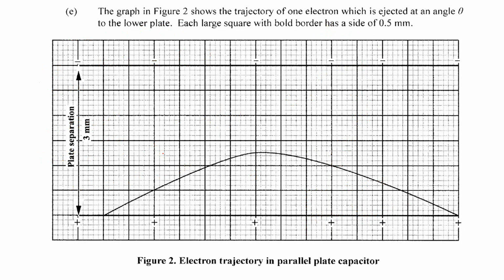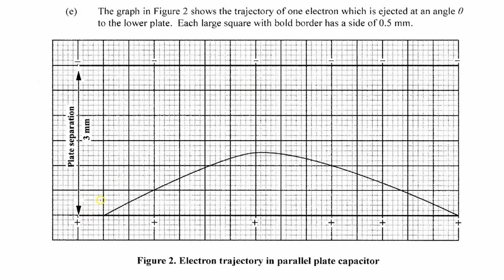Now the question continues, and I must say that for this part, you would have to use a protractor to find out some information. It says that the graph in Figure 2 shows the trajectory of one electron which is ejected at an angle theta to the lower plate. It says each large square, with a block border, has a side of 0.5 millimeters.